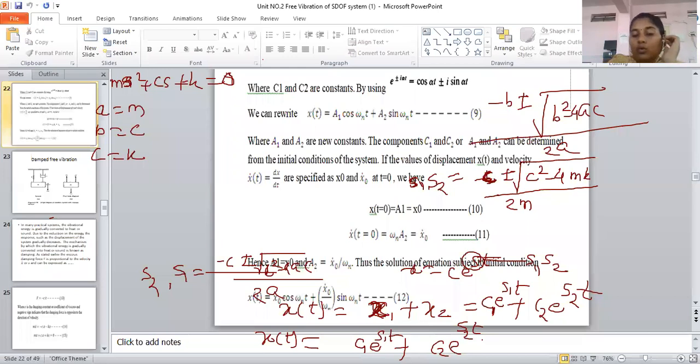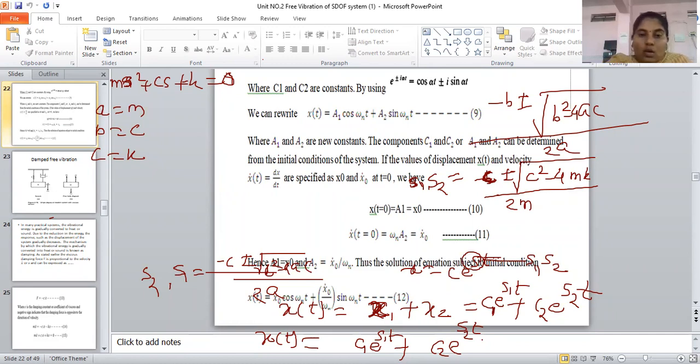Now we have to put the s1 and s2 values over here, and calculate the values of constants c1 and c2.